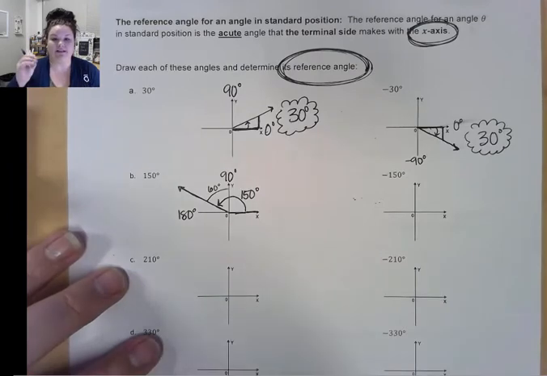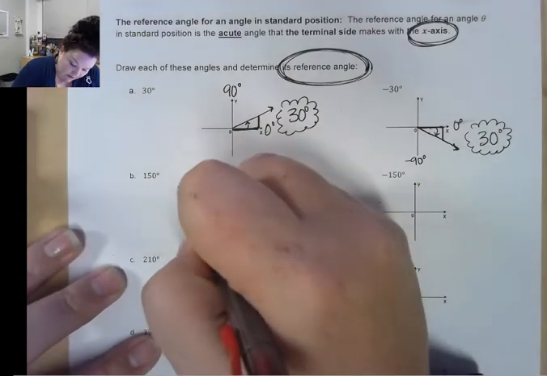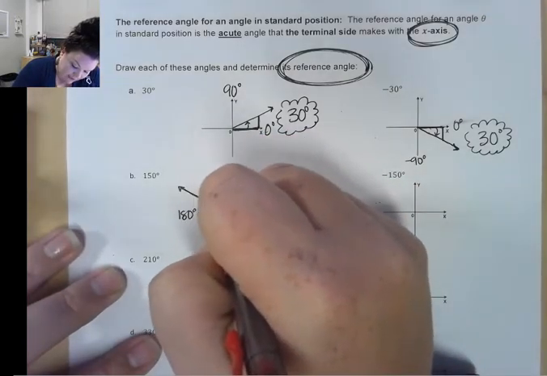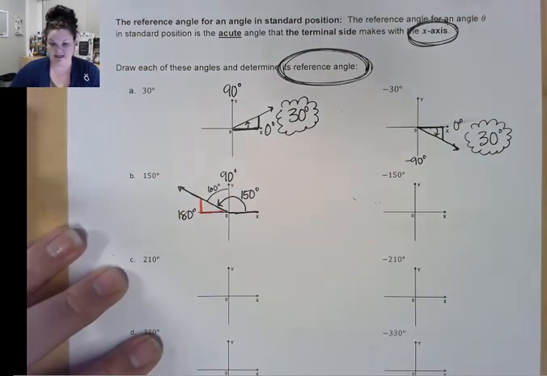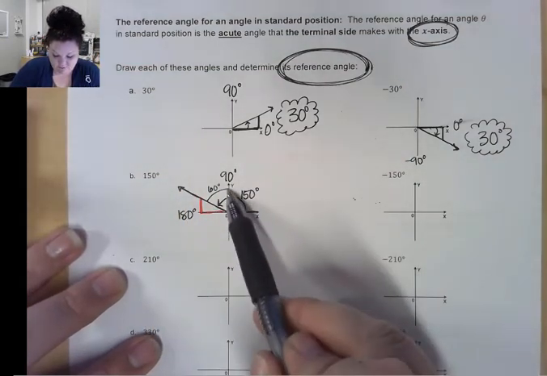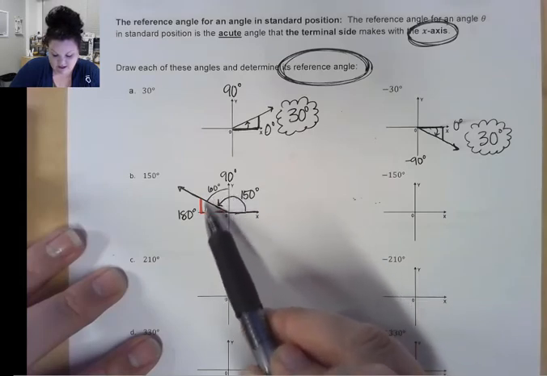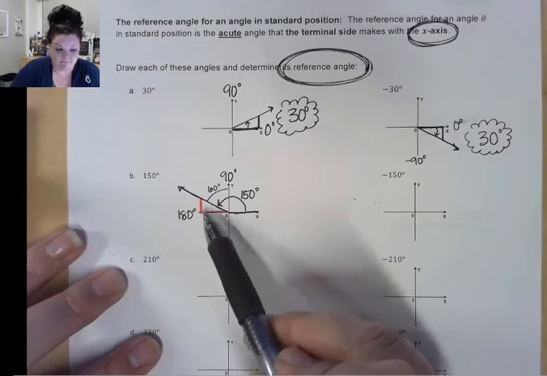But I want to know its reference angle. So its reference angle is the angle I get when I draw a triangle down to the x-axis. If I draw a triangle down here to the x-axis, notice if this was 60 degrees, I only have 30 more degrees to go until I get to 180, right?